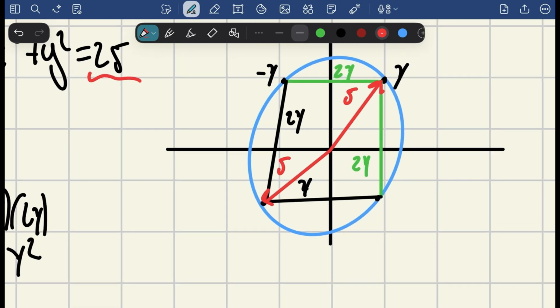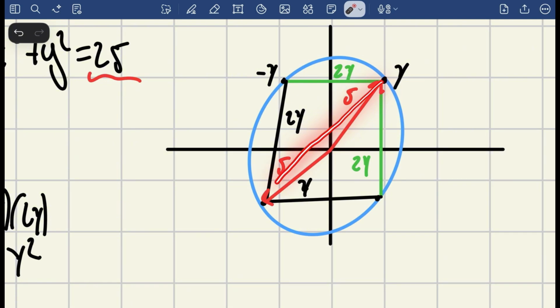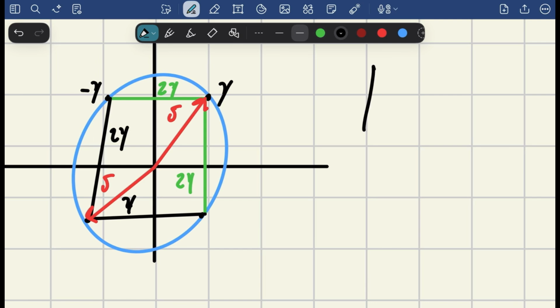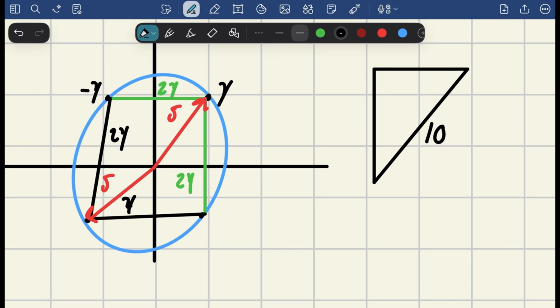And imagine that this line is just a straight line going from there to there. If I do my circle properly, we can see that we have a triangle like this. And this is going to be 10. We also know that this angle here is a right angle because the side lengths are parallel, so they are orthogonal to each other.